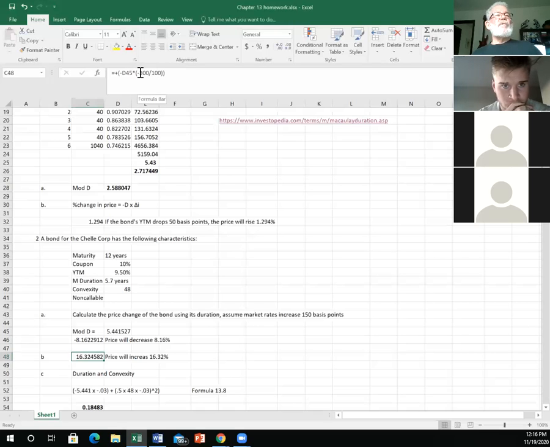See what happens. See if it changes the answer. It shouldn't. Bingo. So you can either use the basis points or percentage up here. See that? 3.3% is the same. 0.03 is the same thing as 300 basis points. So if interest rates drop, we expect the price to rise. If it drops 3%, the price will go up 16.3%. That's pretty good. Double check that.